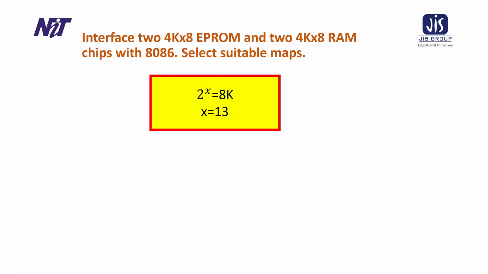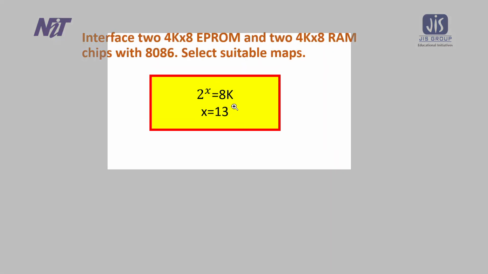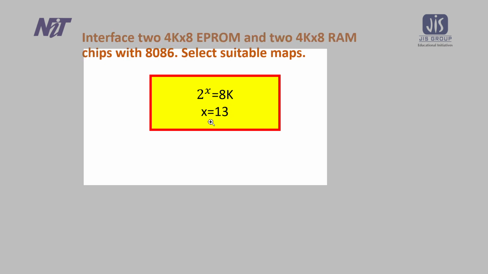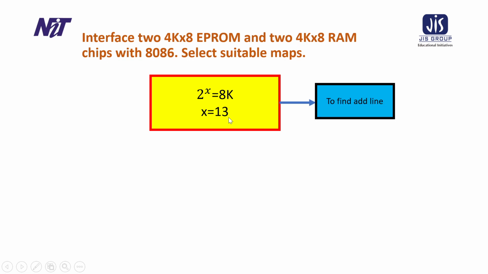This is 4K into 2, that's why it is written 8K. I take 2 to the power x, where x is the number of address lines required to interface the EEPROM, as well as the RAM, with the 8086, because the size in both cases is the same. 8K is 2 to the power 3 times 2 to the power 10, that is 10 plus 3, 13. So x becomes 13, and 13 address lines are required for these two chips to interface with the 8086.